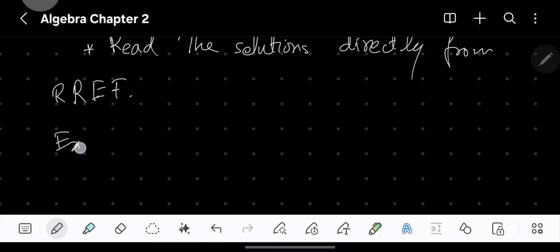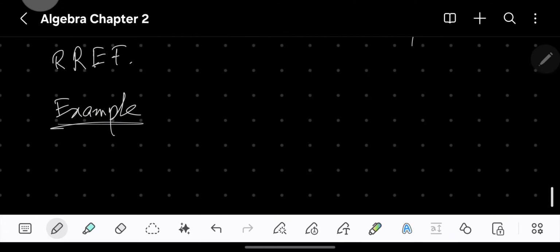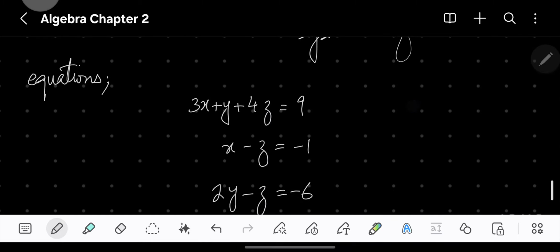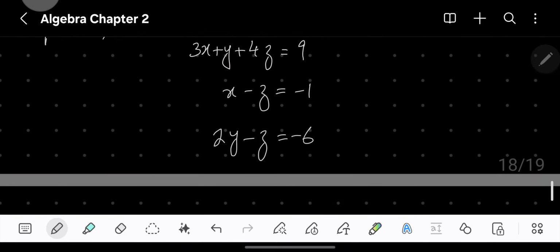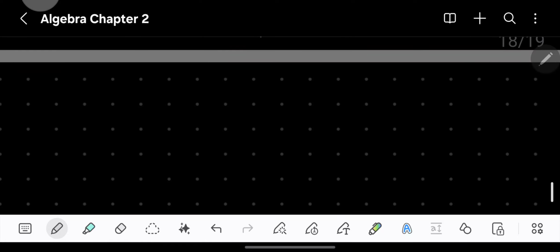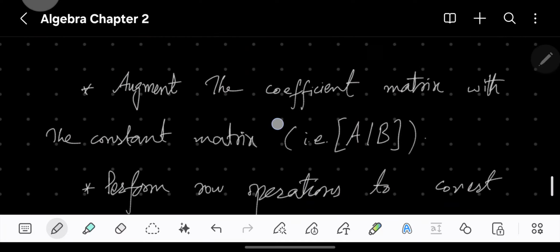So here is an example. We are given a system of linear equations. We have to solve it by the Gauss Jordan elimination method. In order to solve this system, we have to follow these steps.